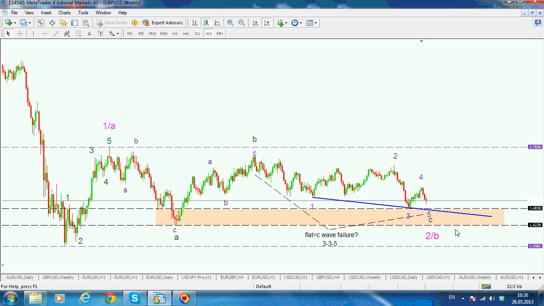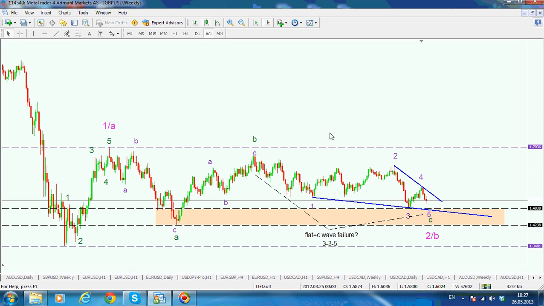Now, what I will look for also, these ending diagonals have this trend line also here. What I will look for in this scenario, and keep in mind, this comes as an alternative of that contracting triangle that we've made earlier.